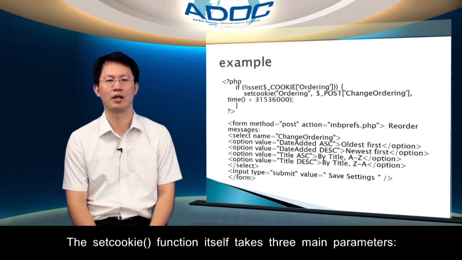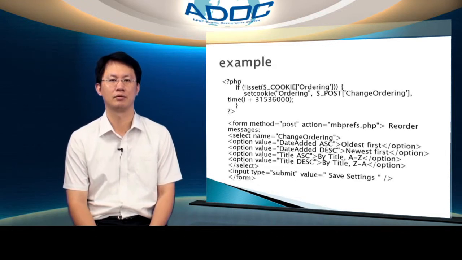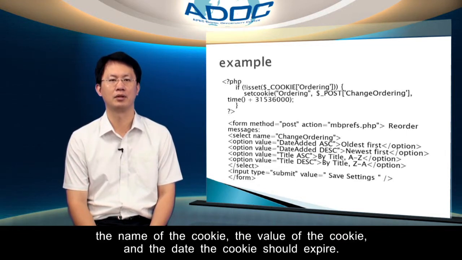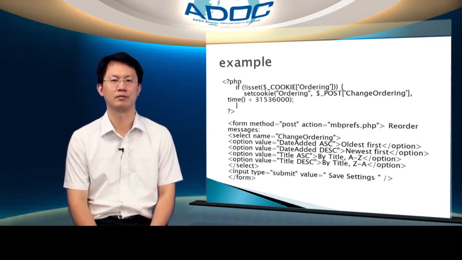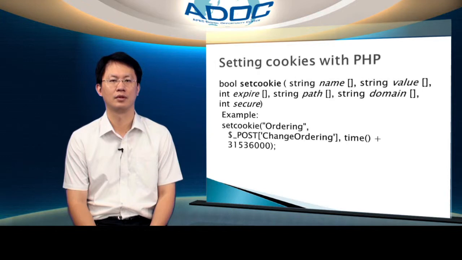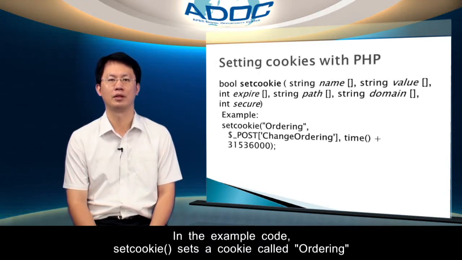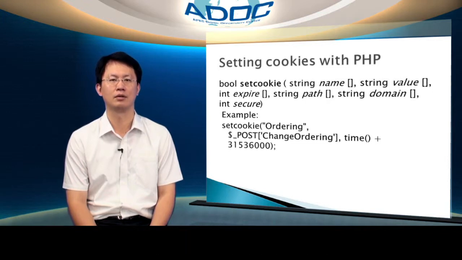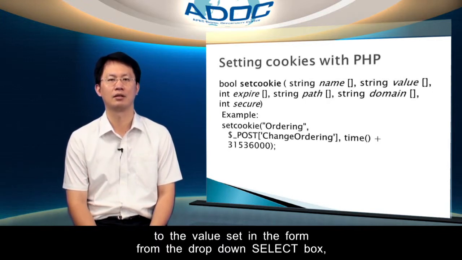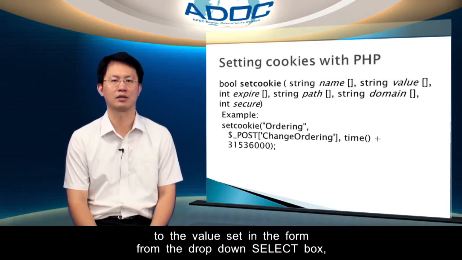The setcookie function itself takes three main parameters: the name of the cookie, the value of the cookie, and the date the cookie should expire. In the example code, setcookie sets a cookie called ordering to the value set in the form from the drop-down select box.